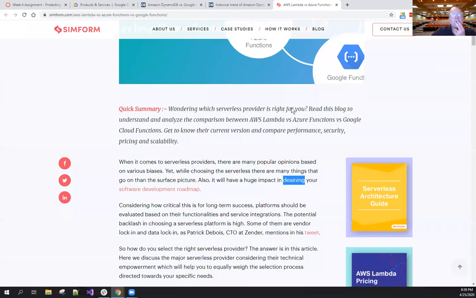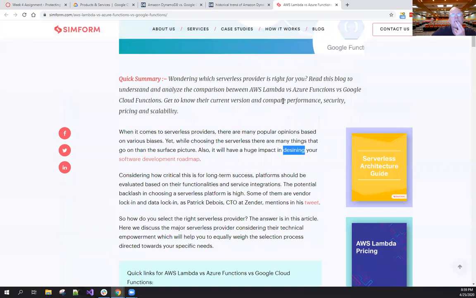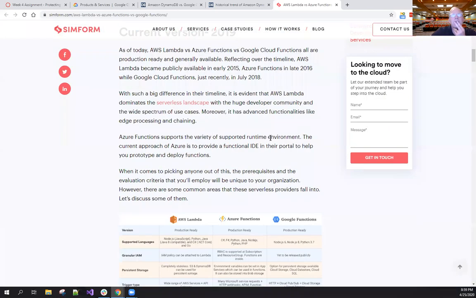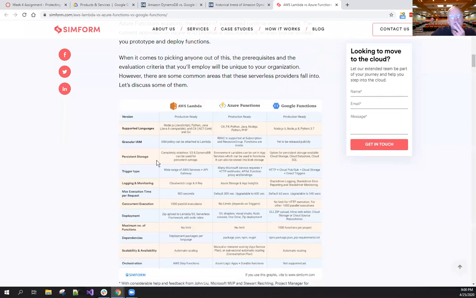When's this written? 2019 sometime. Persistent storage, completely stateless. I love that feature. Oh man. That means, you know, roll back, roll forward. I mean, roll back in any point in time.